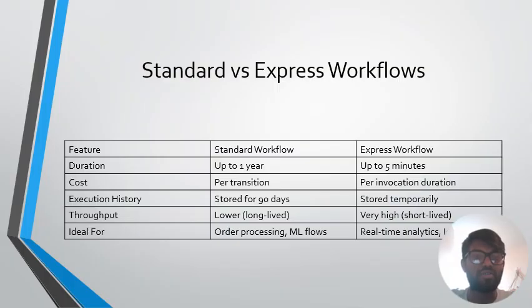Execution history is stored for 90 days in standard, and stored only temporarily in express. Throughput is lower and long-lived in standard, while in express it is very high and short-lived. Machine learning flows, order processing, and real-time analytics are ideal for express workflows.